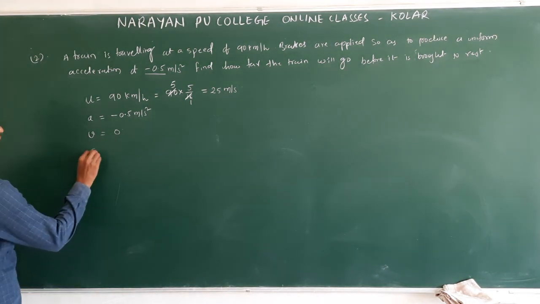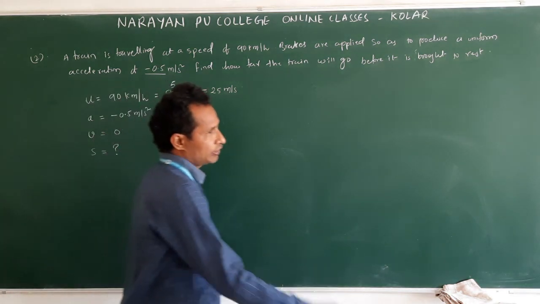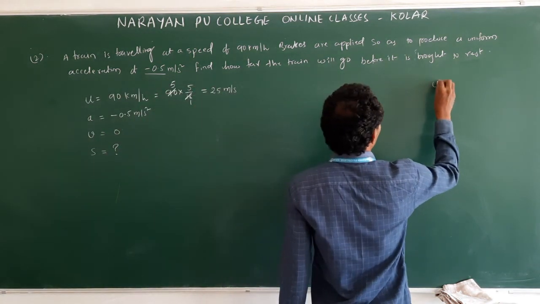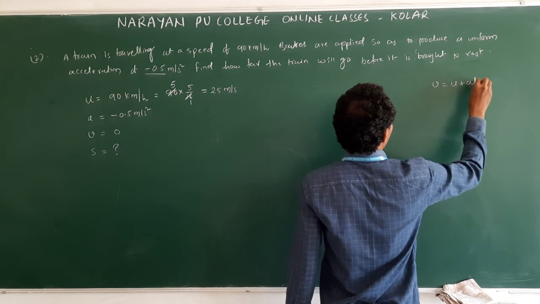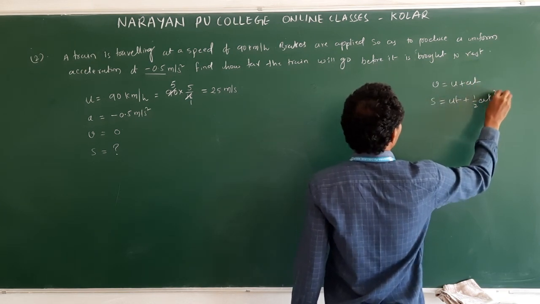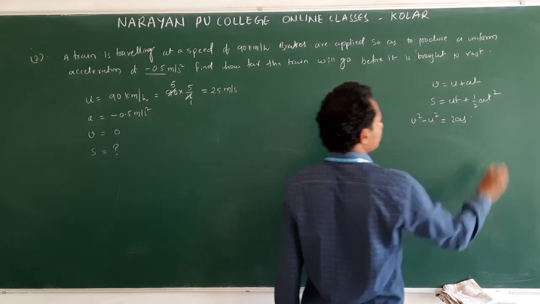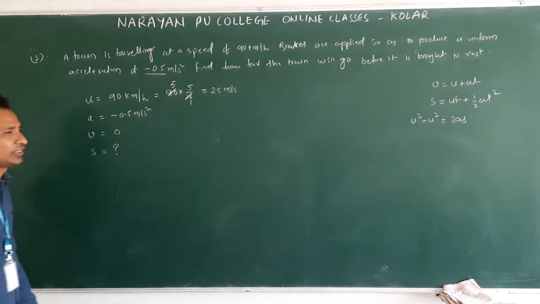They are asking, yes, distance covered. So V is equal to U plus AT, S is equal to UT plus half AT square, V square minus U square is equal to 2AS. We have the 3 equations.